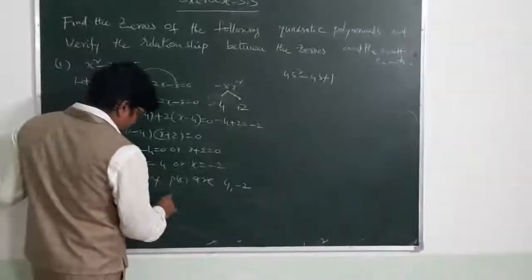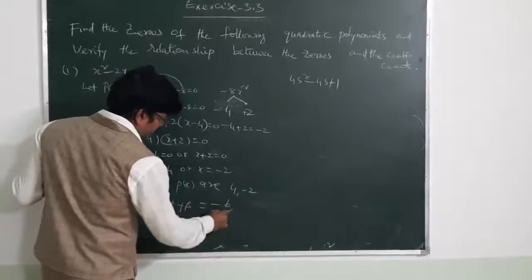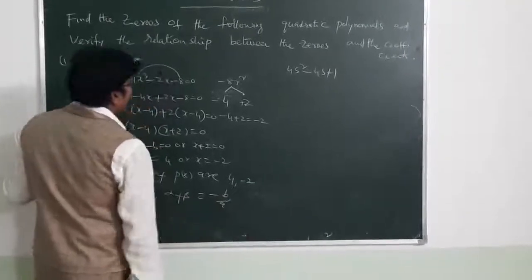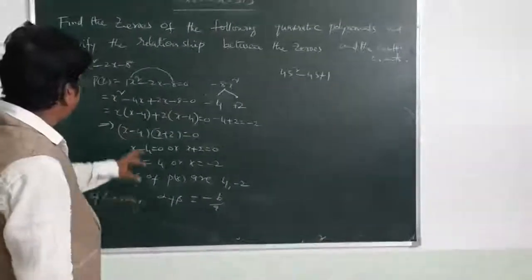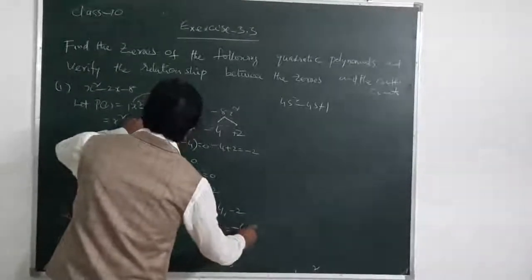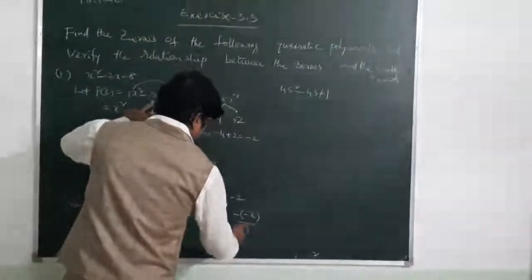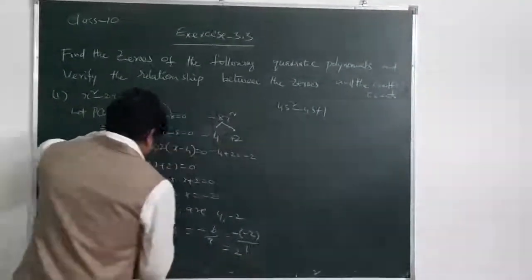Sum of zeros, alpha plus beta, equal to minus b by a. This equals minus of minus 2 by 1, which equals plus 2.